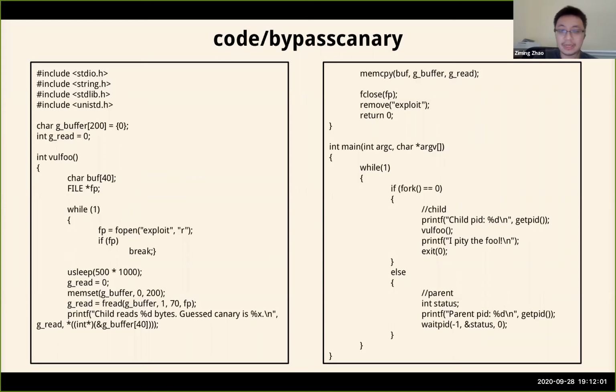Then let's take a look at this program. We have a main function, and in this main function, we just have a big while loop. In this while loop, we just do a fork. Fork is a system call. If you took an operating system class before, probably the first programming assignment you did was developing a shell.